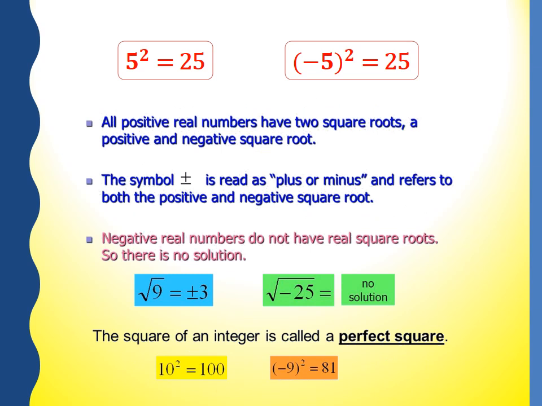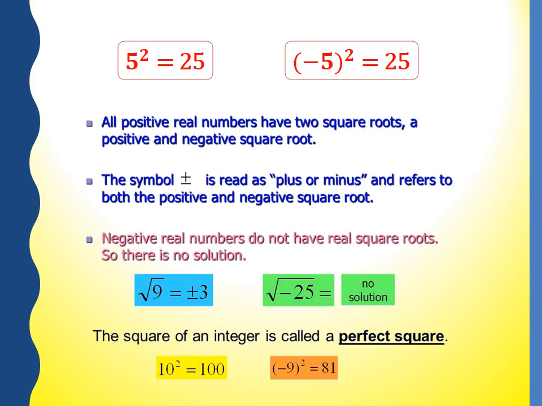Here, middle one, we know that 5 squared equals 25, and also negative 5 squared equals 25, because the even power cancels the negative sign. Then all positive real numbers have 2 square roots, positive and negative.